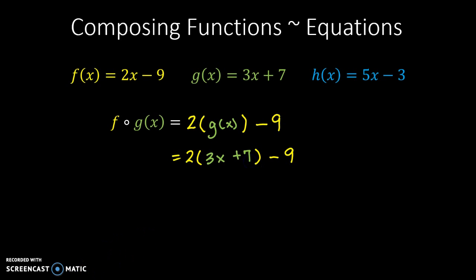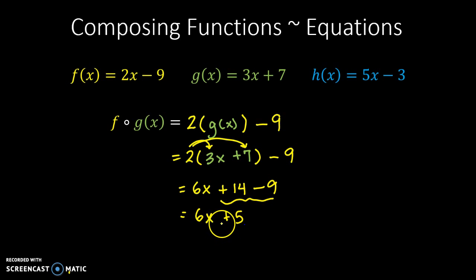And now it's an algebra problem. I'm going to distribute. So I have 6x plus 14 minus 9. And then if I simplify, I have 6x, which is not a like term, plus 14 minus 9, which is 5. So my composite function f of g of x is equal to 6x plus 5, and that's my new function.